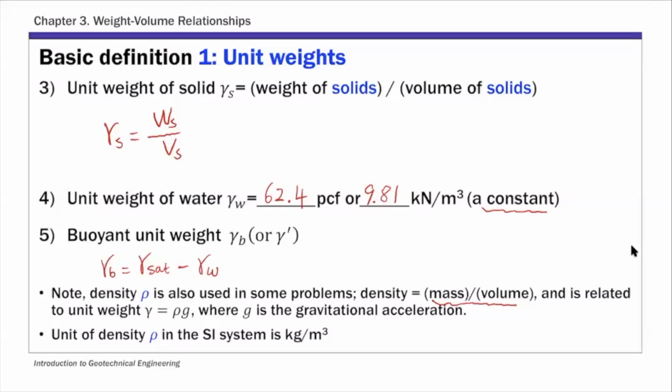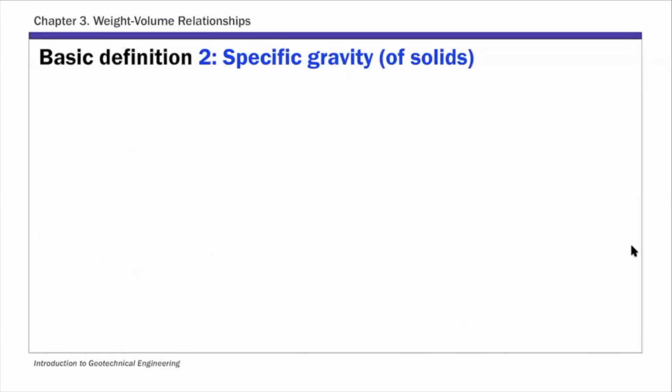The unit weight and the density are related through the gravitational acceleration g. So if you know the saturated unit weight, you can calculate the saturated density, or if you know the dry unit weight, you can calculate the dry density. The unit of density is kilogram per meter cubed.